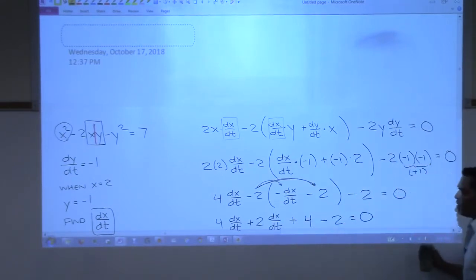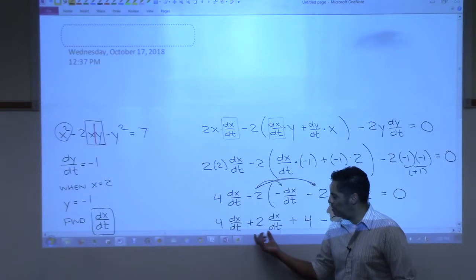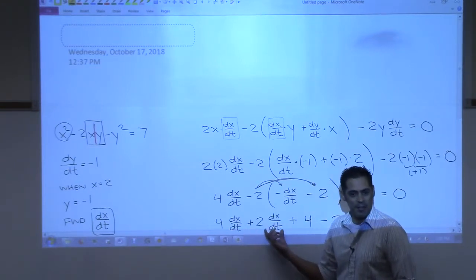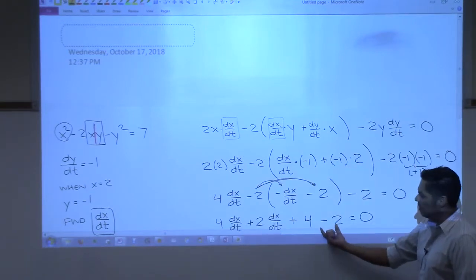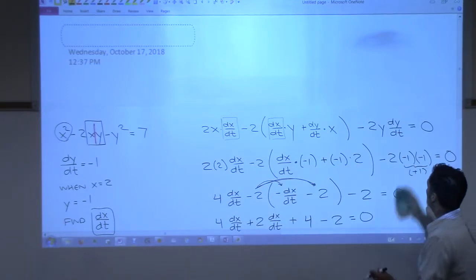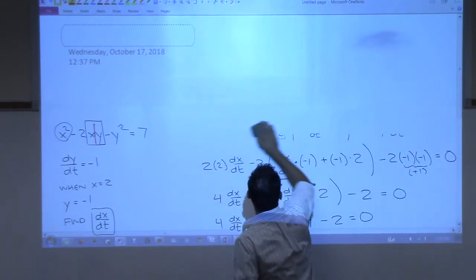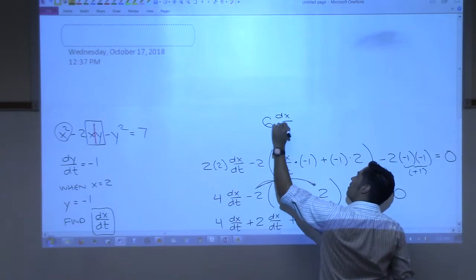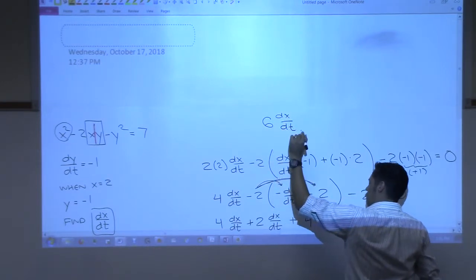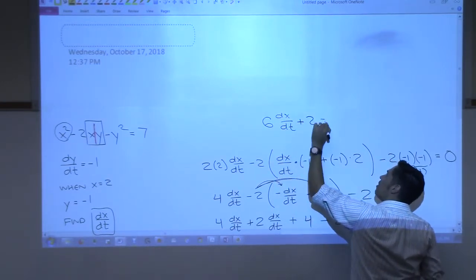And now we have no more parentheses, so we can start putting things together. This is kind of an interesting looking expression, but let's just think about it. It's like you've got 4 apples plus 2 apples, right? That's 6 apples. So you got 6 of these, don't you? Yes, sir. And then plus, we can put those together. It's 2. So we've got 6 dx dt minus 2 plus 2 equals 0, right?